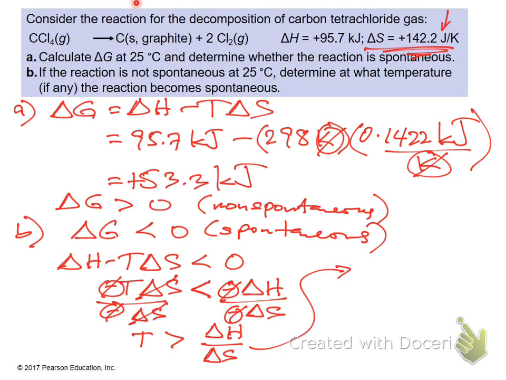All right, so our delta H is 95.7 kilojoules. And we're going to divide this by delta S in kilojoules per Kelvin. So that's 0.1422 kilojoules per Kelvin. And that gives us 673 kelvins.